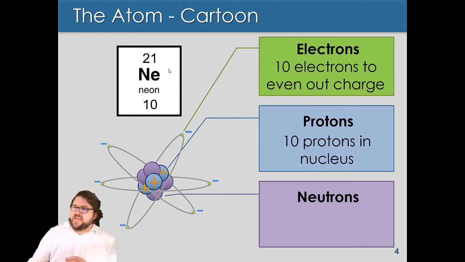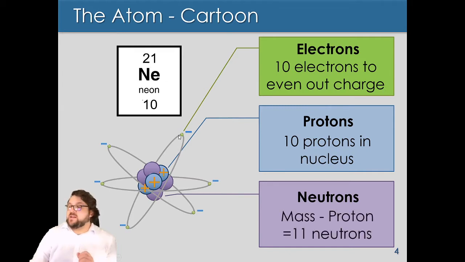Now, if this element has a mass number of 21 over here, then that suggests that there must be 11 neutrons, because if the mass number is the total mass of protons and neutrons, then we can take that mass, 21, subtract the number of protons, which is 10, down there at the bottom, and that tells us that this particular atom that we're seeing the symbol of here must have 11 neutrons.